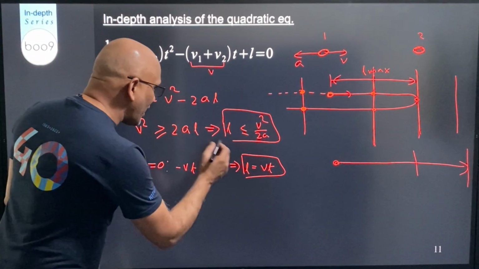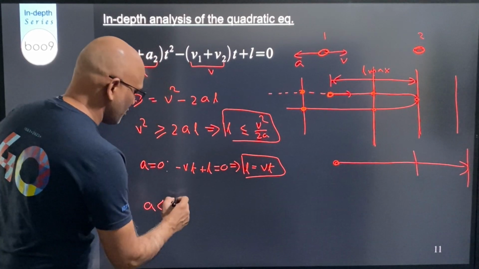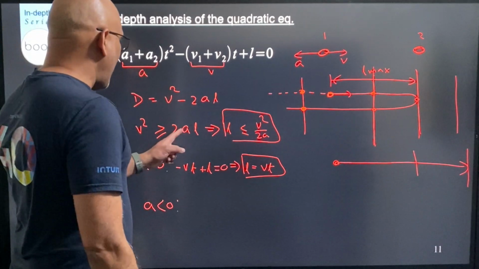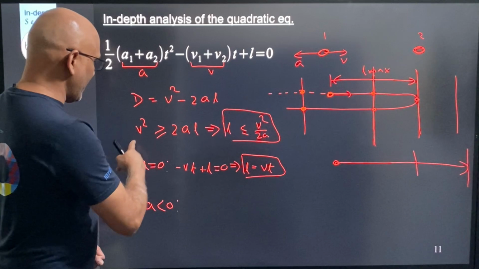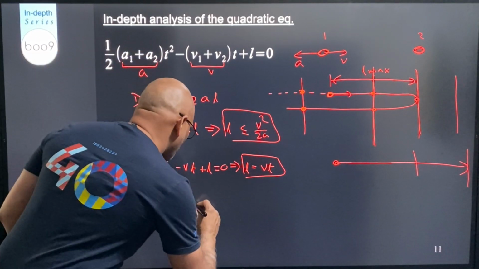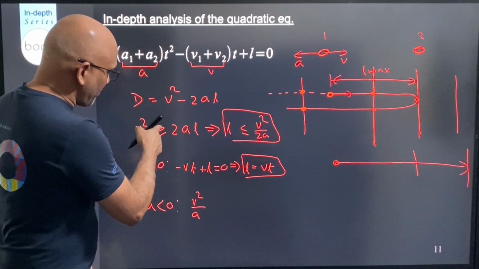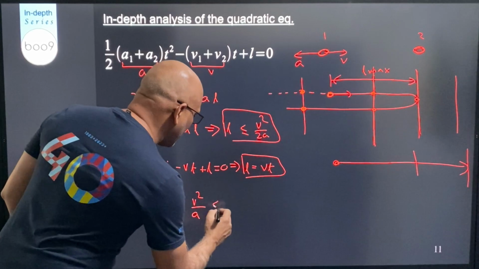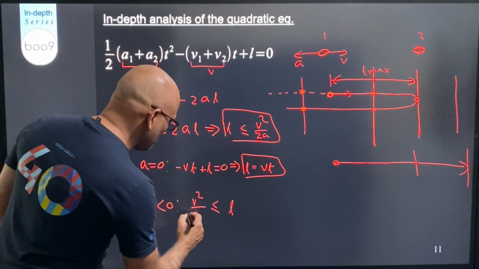Next, let's see what happens if a was less than 0. All right. If a was less than 0, if I divide both sides by a again, the inequality is going to flip, right? So v square by a, now instead of greater than equal to, it is going to be less than equal to L. I also bring 2 to this side.